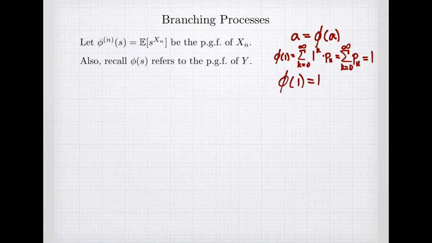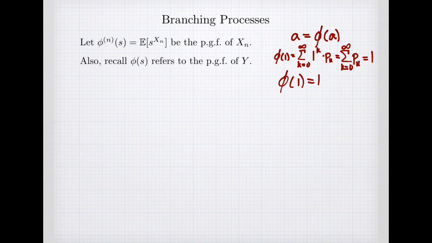It's not clear if that's supposed to be a power or an nth composition, so I want to make it clear that we're just talking about the probability generating function of the nth generation of individuals. Well, this time we're actually going to do a last step analysis, and so I'm going to do an expected value conditioned on the next to last generation.